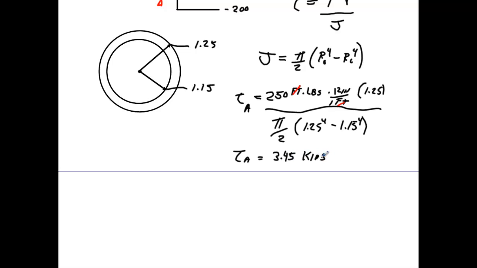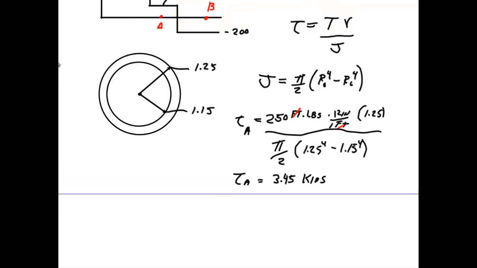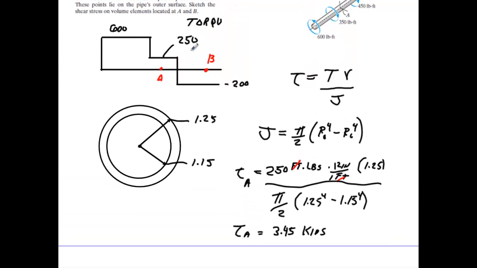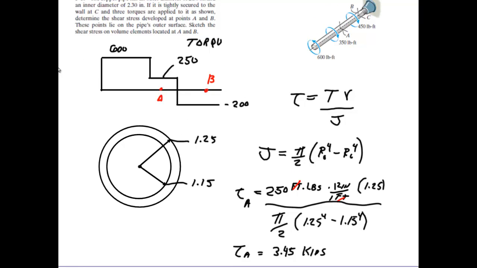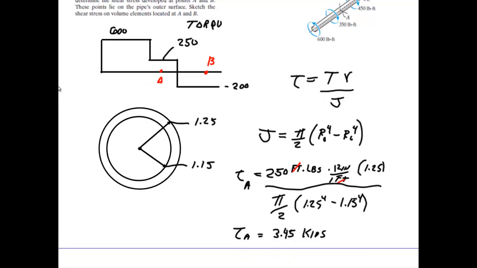Now it also asks you to draw what the shear stress would look like on a single element, so you need to locate where the element is. A is on the side, I believe. Let's look here real quick. Yes, A is on the side.